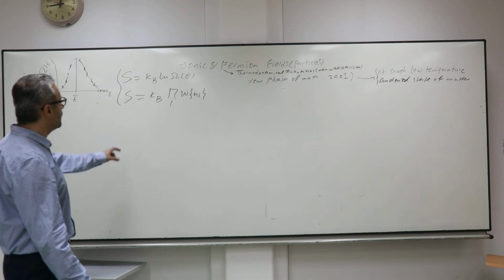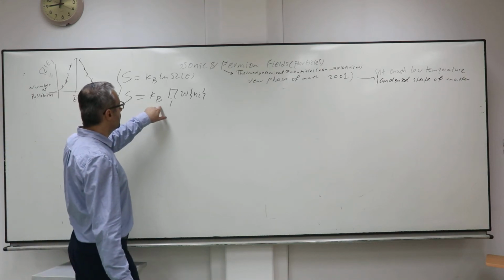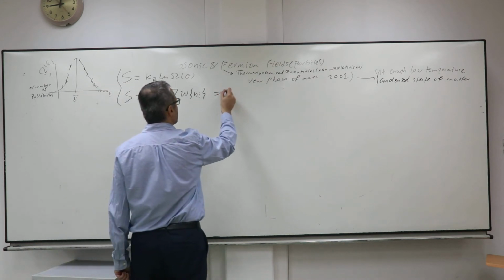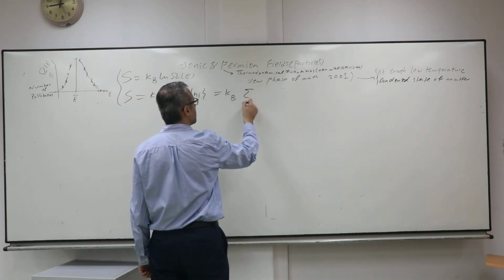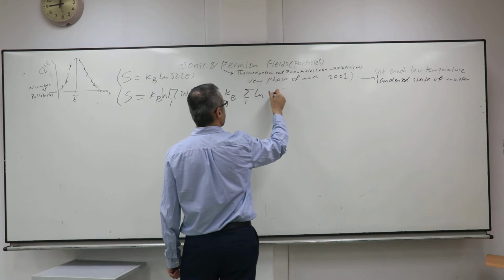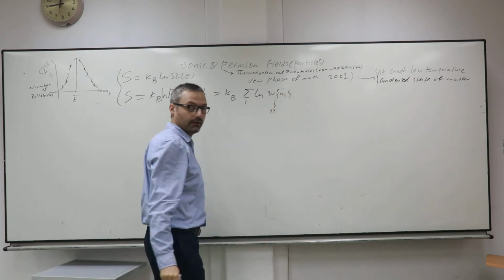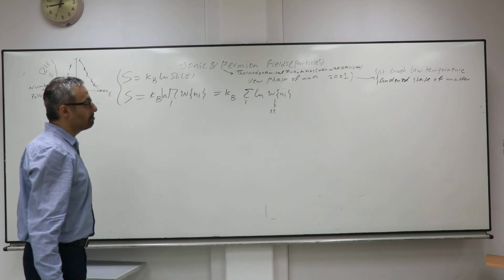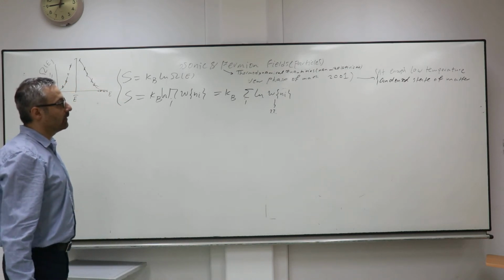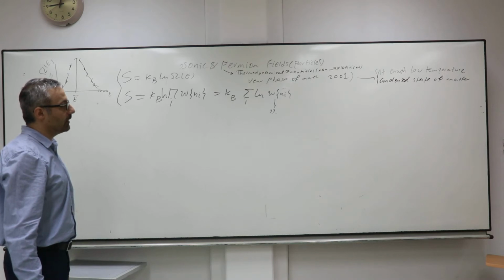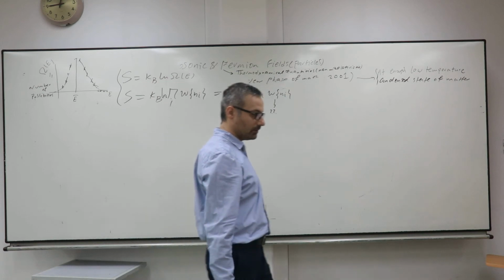We call it that S is kB ln W. And if you remember, we wrote it as ln W(Ni), and the problem was how to find the W(Ni). We proposed a method to calculate the W(Ni). You remember?